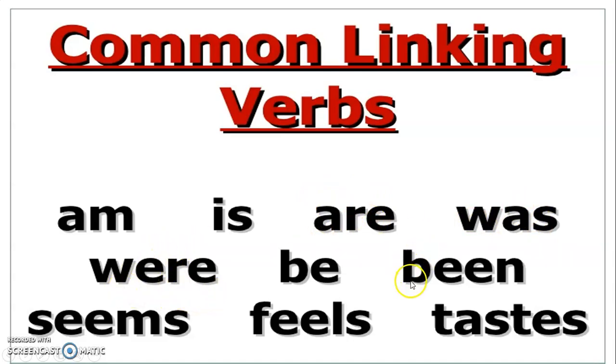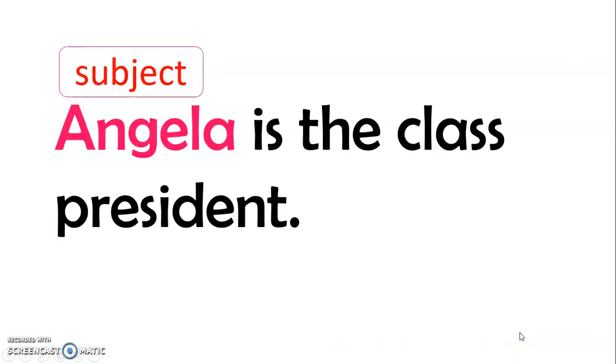Here are some of the other linking verbs that we use. Be, like in the sentence, "I will be a doctor." Been, the past participle of be, and then the common linking verbs seems, feels, and tastes. Let's go back to our sentence earlier.